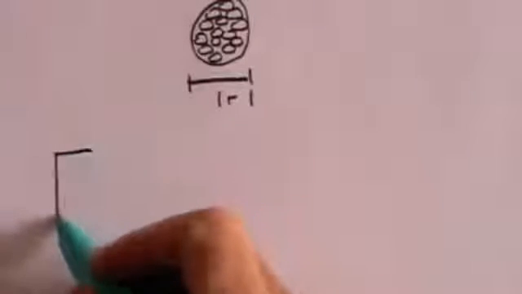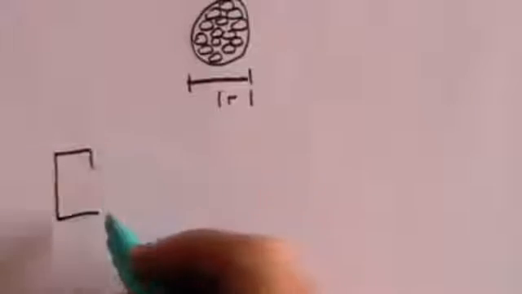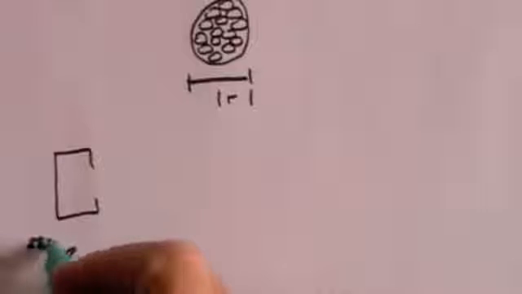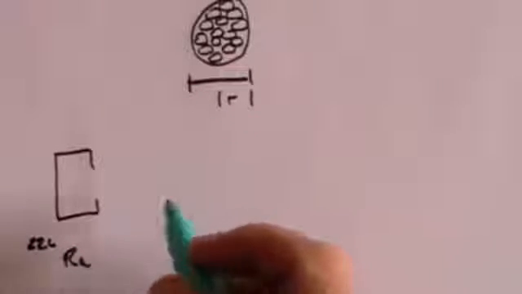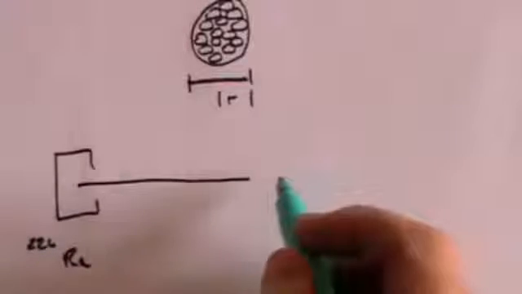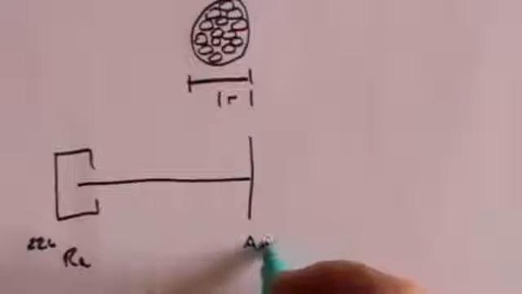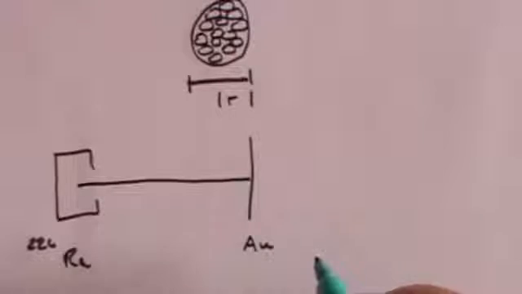Well, let's come back to the famous Rutherford experiment, which was performed in the very early 1900s. Rutherford took an alpha source, radium-226, and the alphas were targeted at a very, very thin piece of gold foil.